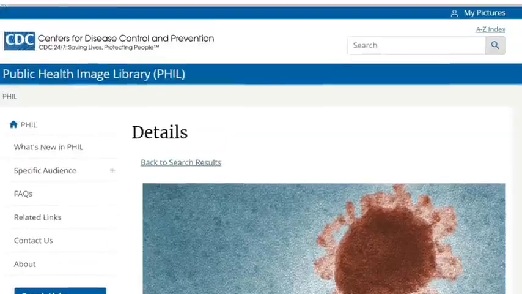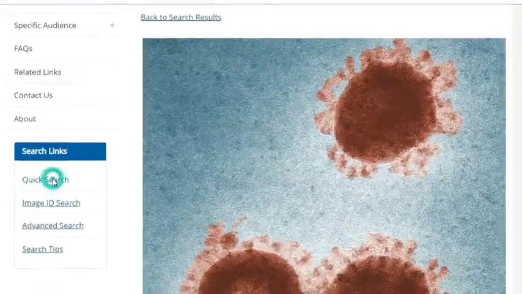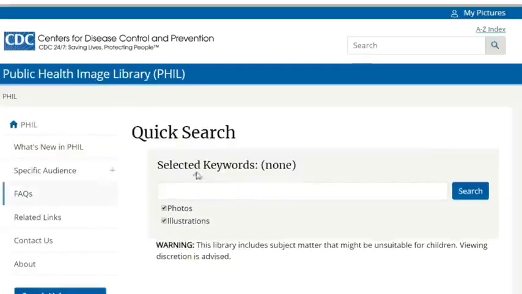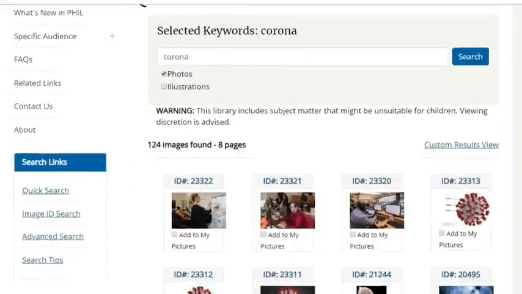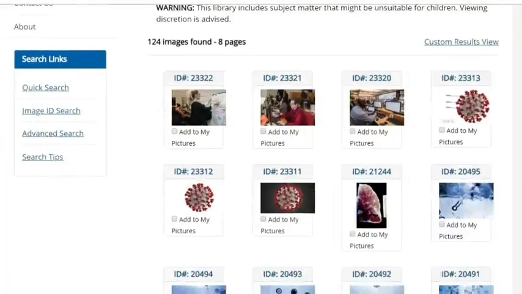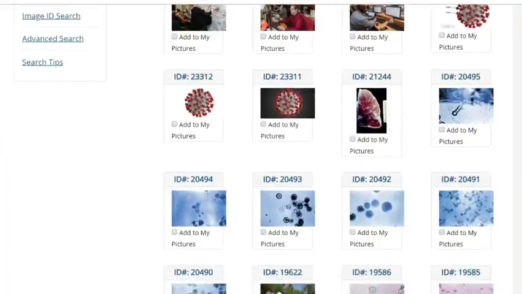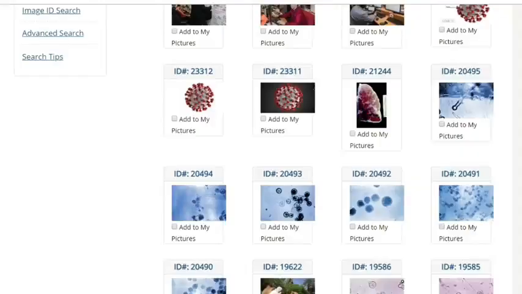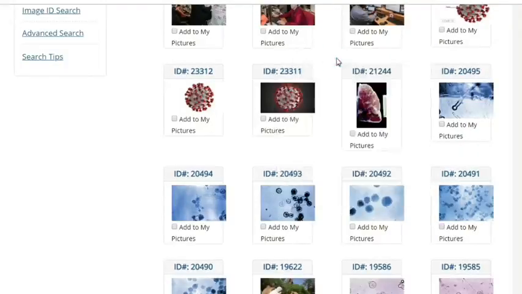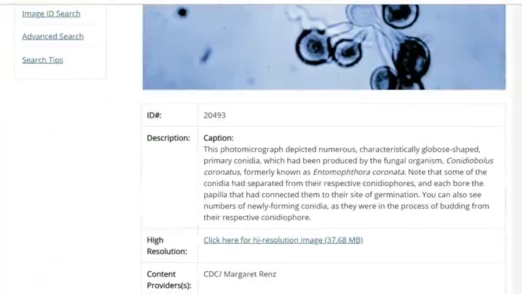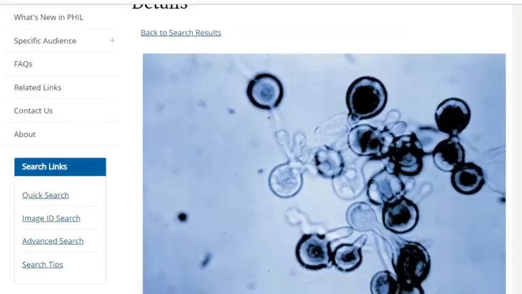Maybe the CDC has some. Maybe here. No, this has nothing to do with the coronavirus.